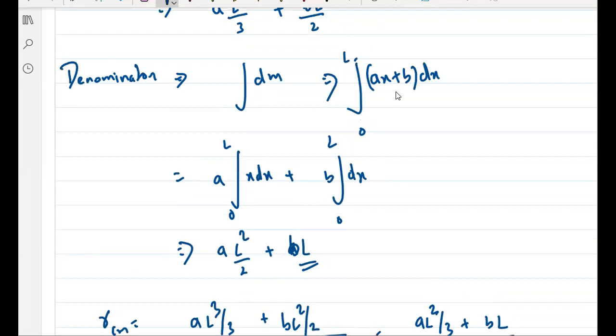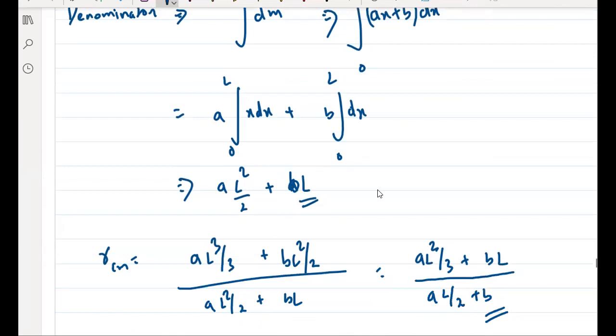Lambda is ax plus b, given. So just integrate it. The integration of ax is ax square by 2, and of b dx is simply bx. After putting the value of x as L, I will get this value. Okay, I guess this is clear, everyone.